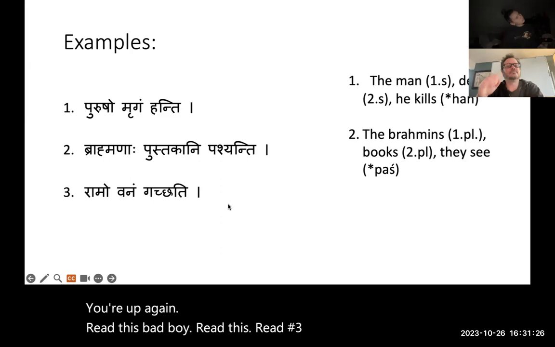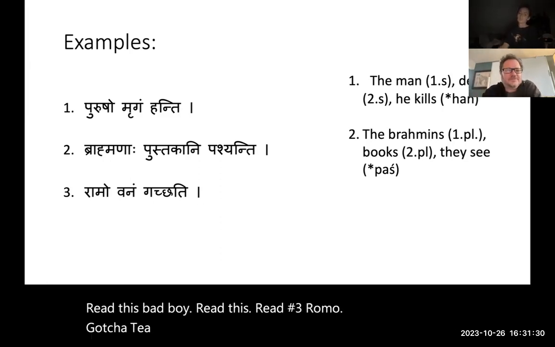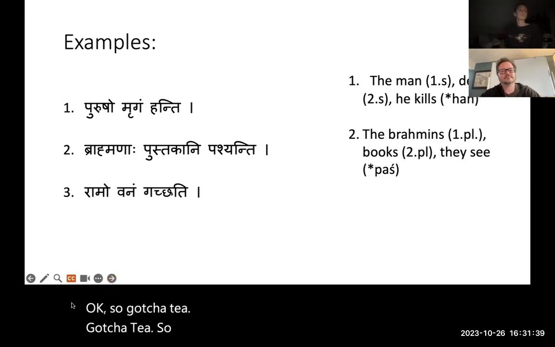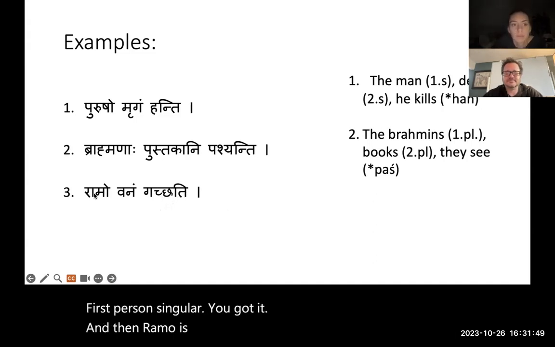Read number 3. Ramo, vanam, gachati. Explain the grammar to me. Okay, so gachati, that's third person singular. Yeah, you got it. And then Ramo is masculine, because it's Ramaha or Ramas.